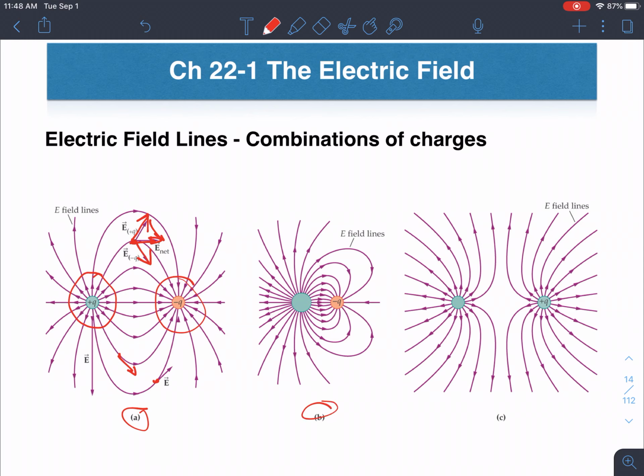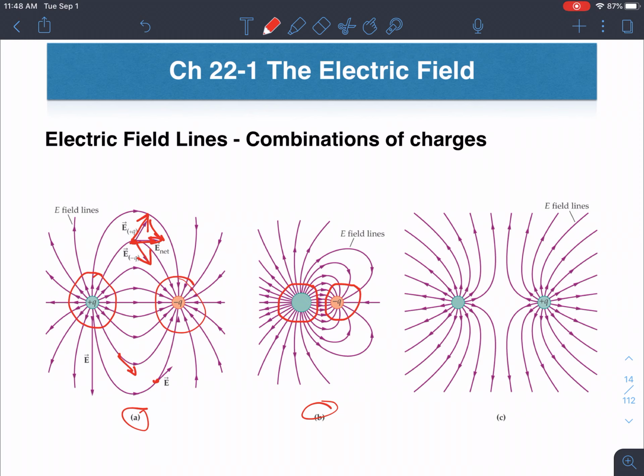For part B, we know that the charge on the right side is negative Q. What about the charge on the left side? Okay, so if you count the number of lines, you will see that the left one has double the amount of lines. Remember that the number of lines are related to the magnitude.